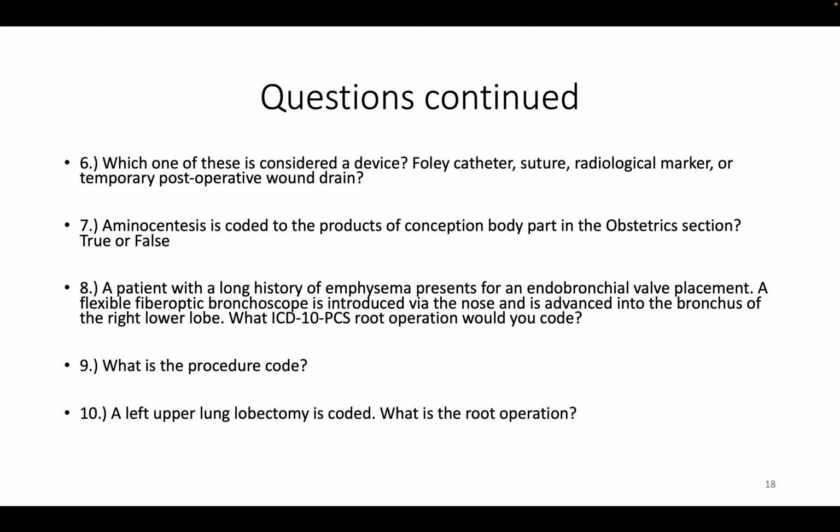Let me repeat that. Resection is coded when all of a body part is cut out or off. Excision is cutting out or off, without replacement, a portion of a body part. Excision is only a portion of a body part removed. Resection is all of a body part removed.